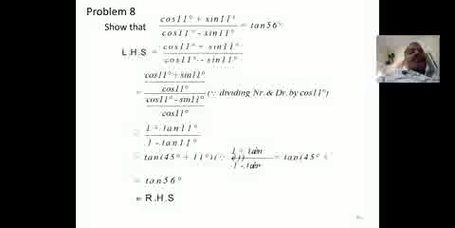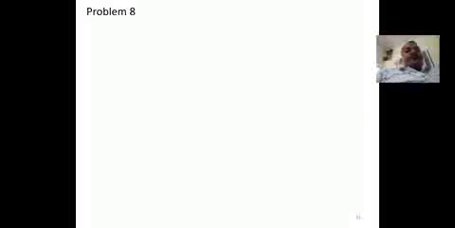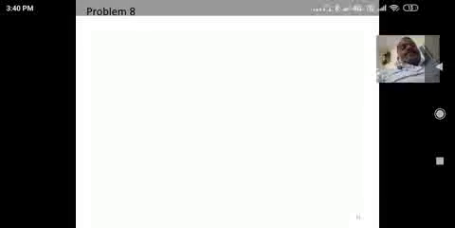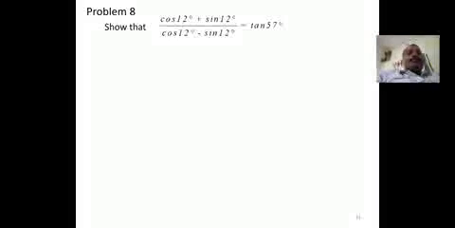Similarly, we have discussed two more problems. That two problems are (cos 12 degrees plus sin 12 degrees) by (cos 12 degrees minus sin 12 degrees) equal to tan 57. Same, you can write in place of theta. We started with 11, 12.